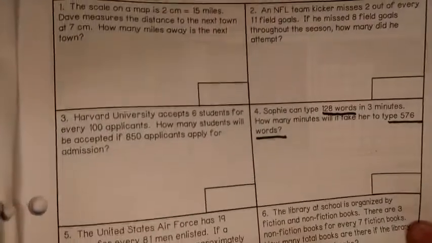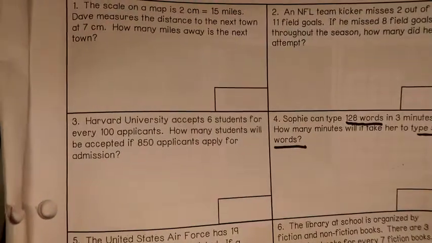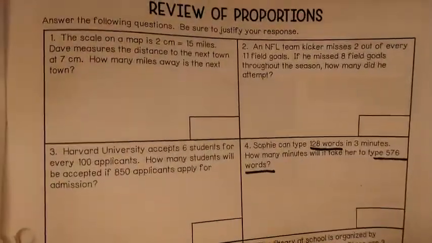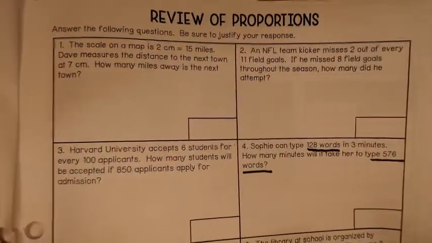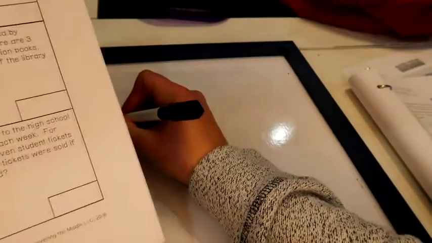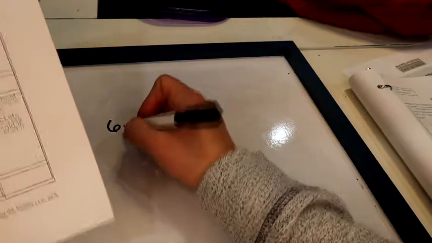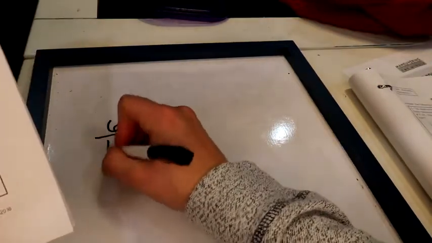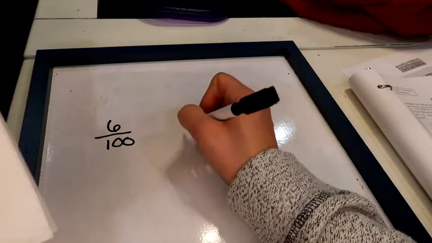So number 3, Harvard University accepts 6 students for every 100 applicants. How many students will be accepted if 850 applicants apply? So we have, look at your papers, 6 students for every 100 applicants.